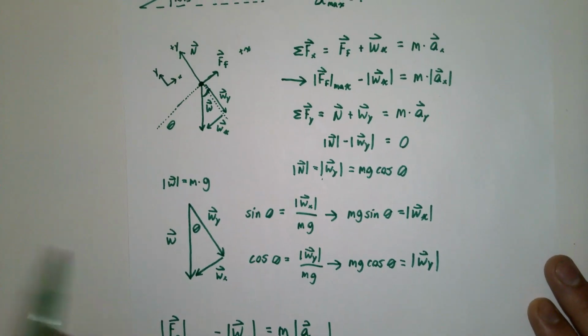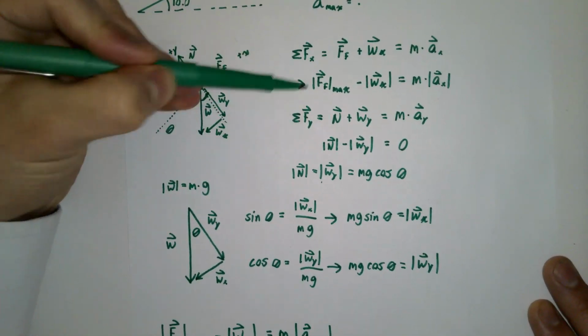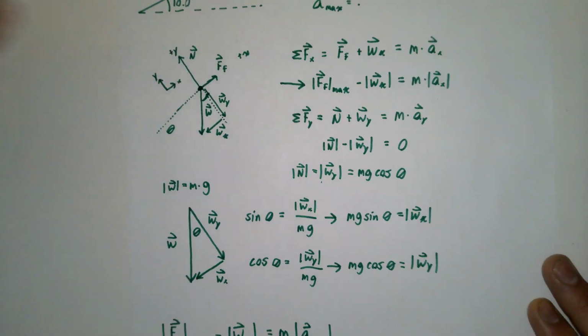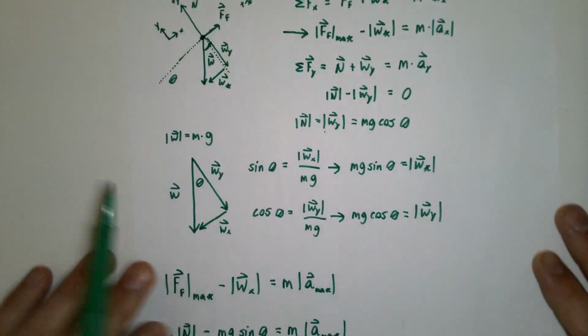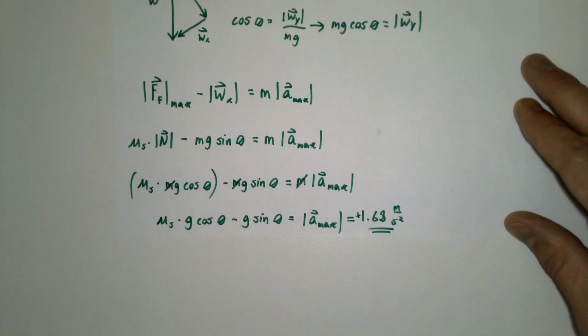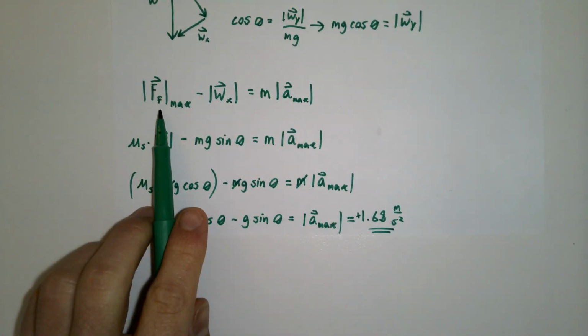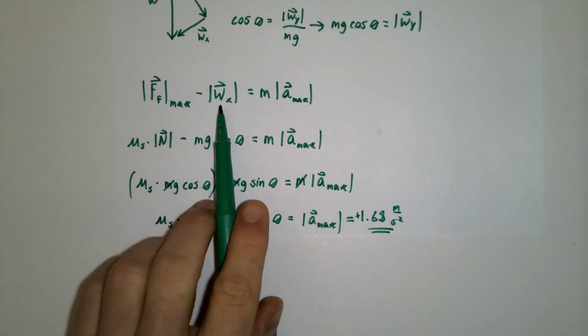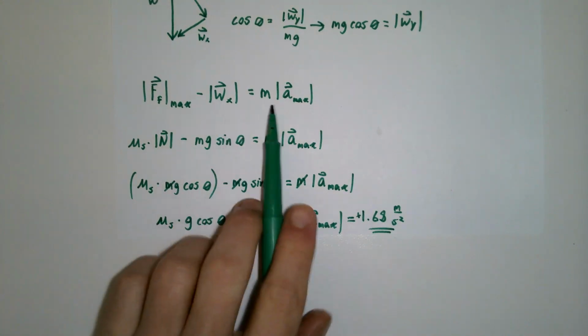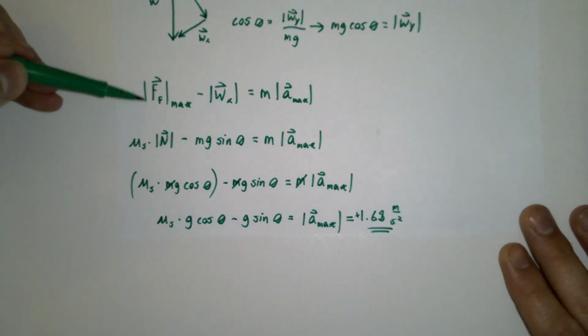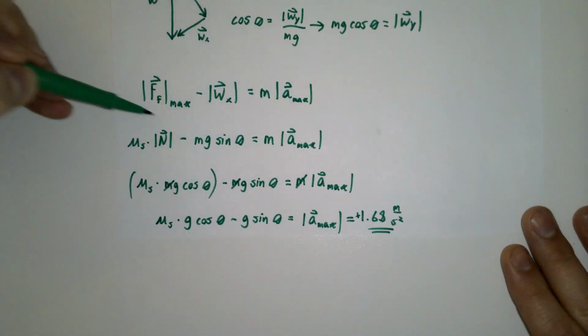Finally, we merged these two analyses of forces in x and forces in y into our final equation at the bottom here. Rewrote it: the static frictional force, minus the weight in x, equals mass times acceleration. This is what we found using Newton's second law in the x dimension.